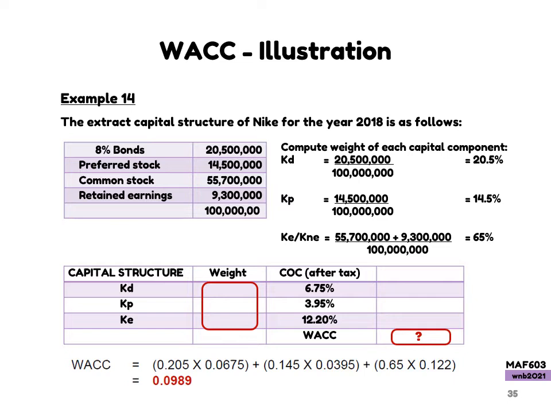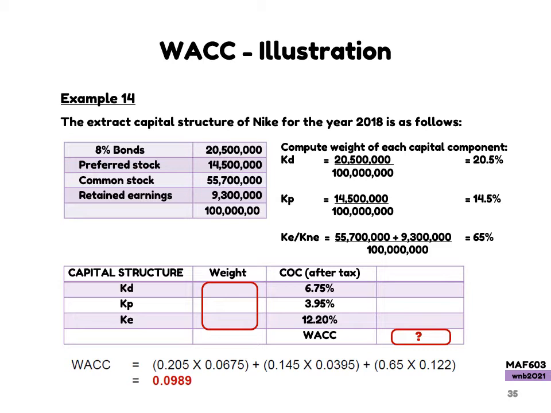Preference shares are 14.5 million, common stock is 55.7 million, and retained earnings, also common equity, are 9.3 million, plus the bond or the debt at about 20.5 million. Altogether, the capital structure for this company is 100 million.